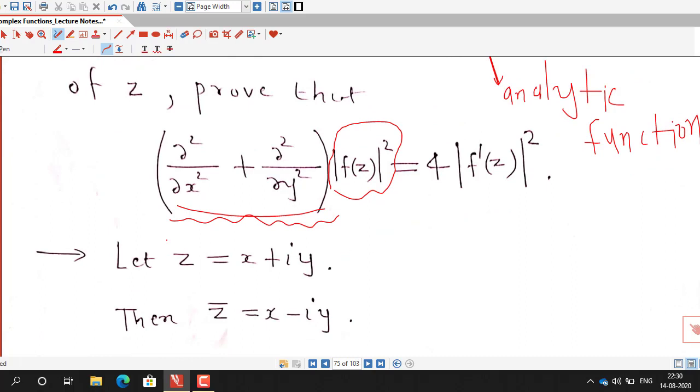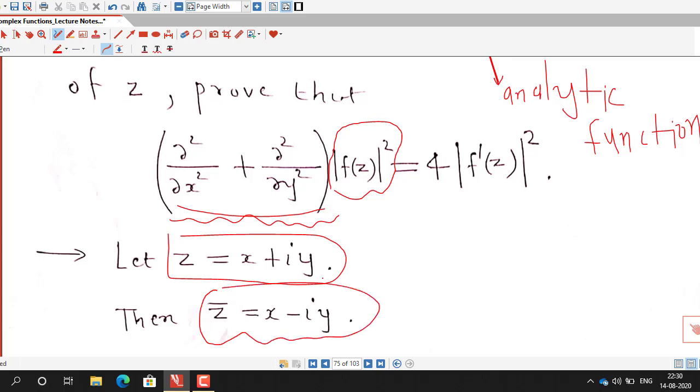Therefore we start by taking z equal to x plus iy, and if we take the conjugate of z, it is x minus iy. Now if you add these two equations, you will have z plus z bar equal to 2x.